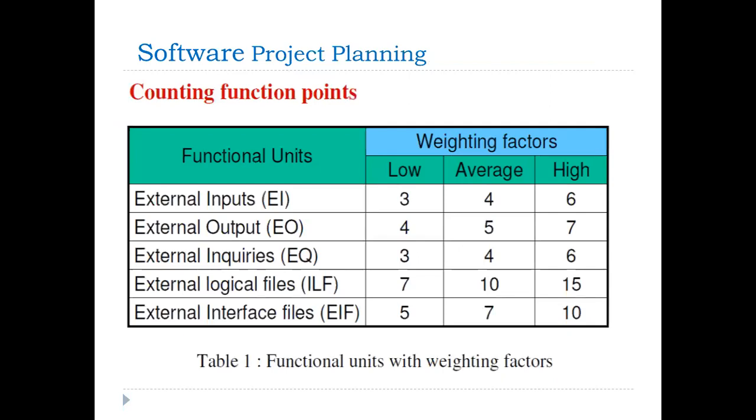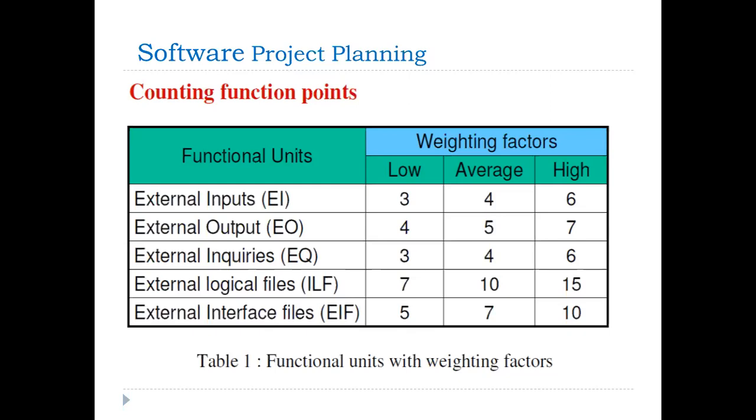Next is how we can calculate the function point. These are functional units that can be easily understood by the customer: external inputs of the system, external outputs of the system, external inquiries of the system, external logical files, as well as external interface files.